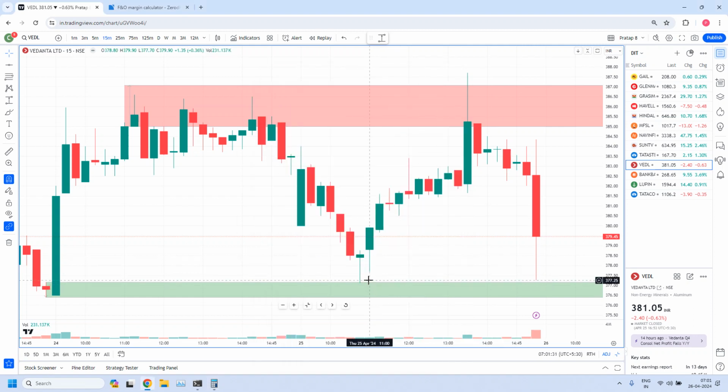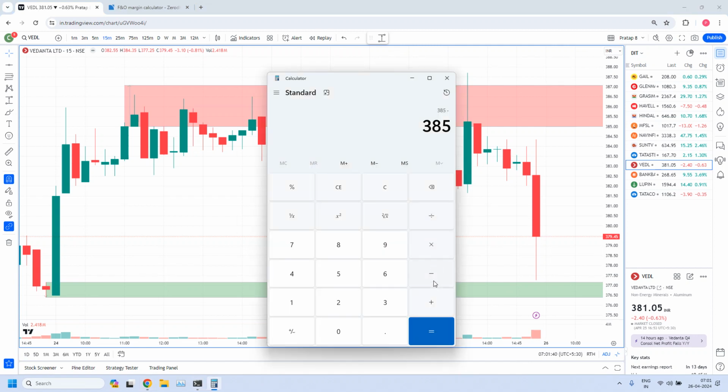Above this zone you have 377.25, but let us say 378 rupees. You would have got 7 rupees profit. Definitely more than 7, because I added 1 rupee extra. At least 7.50, but okay, let us limit to 7 rupees only.